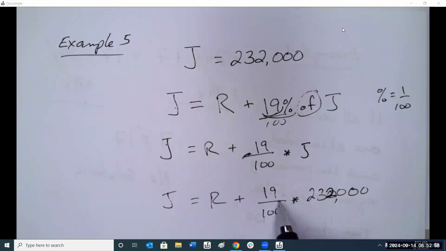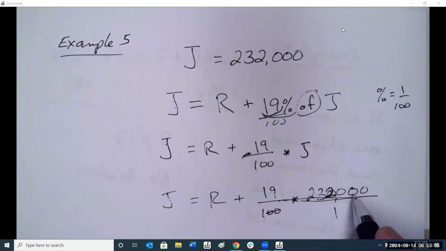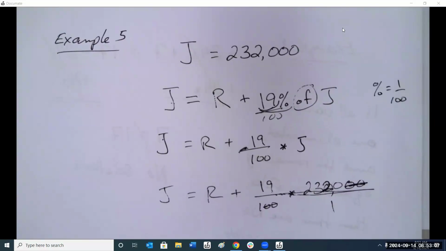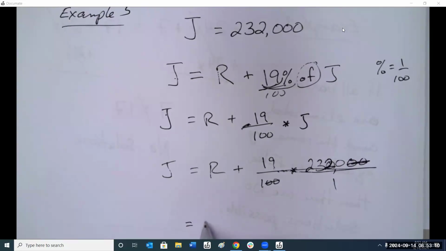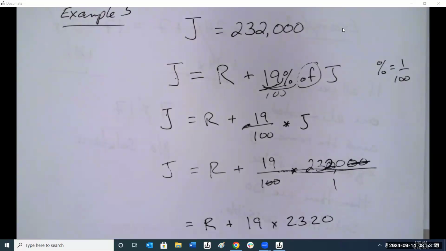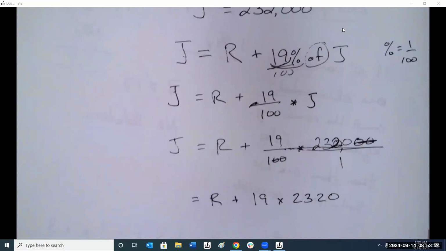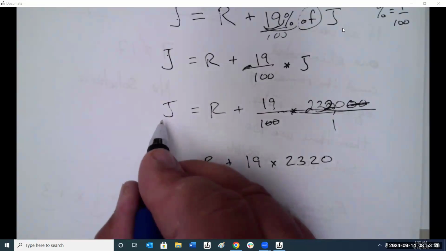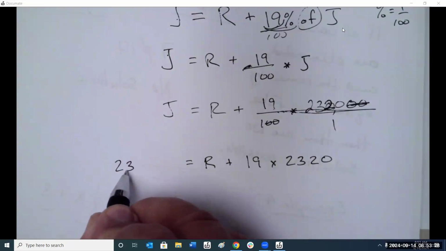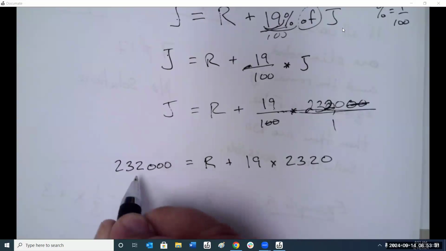Since these two are multiplied, it's one big division. The 2 zeros can cancel the 2 zeros there. We have 19 times 2320. The Japanese language has 232,000.